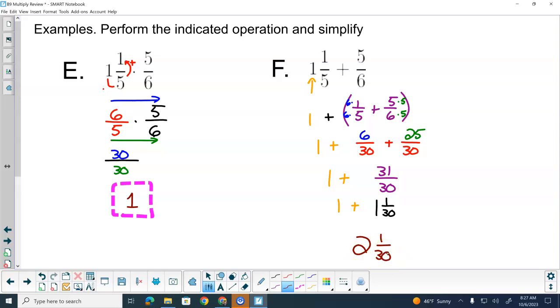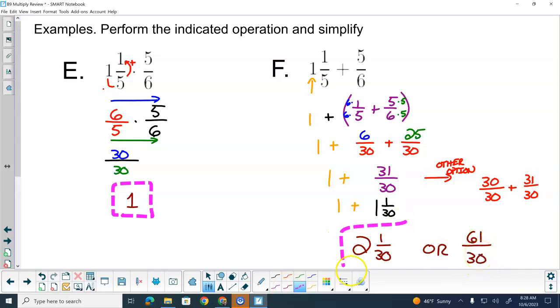My other option, option B, is I can take 1 and make a common denominator of 30 out of it. That 1, which we said over here, was 30 over 30. Now I've got my common denominators, and that gets me 61/30ths.